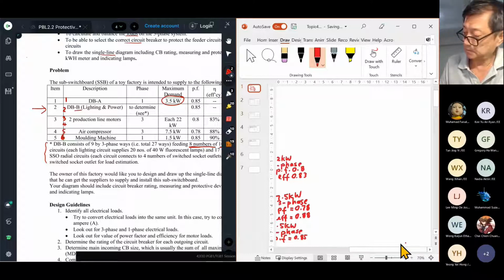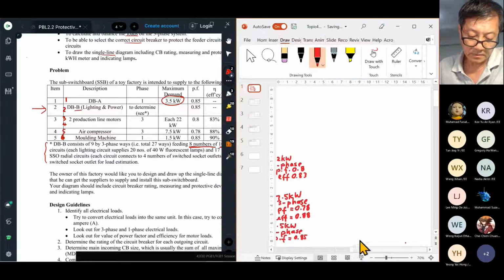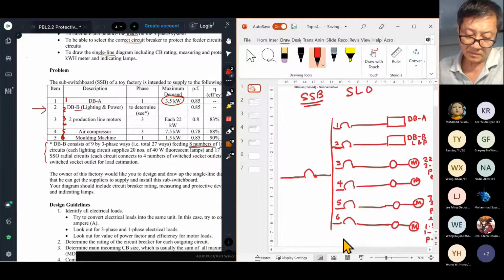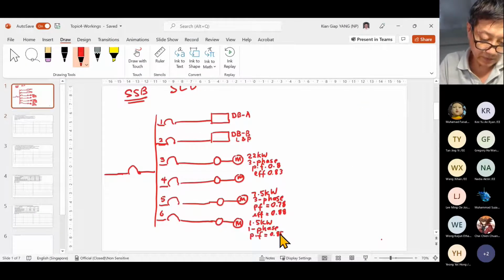Oops. Never mind, let me open up. All right, the efficiency for this motor at the end here is 90%.